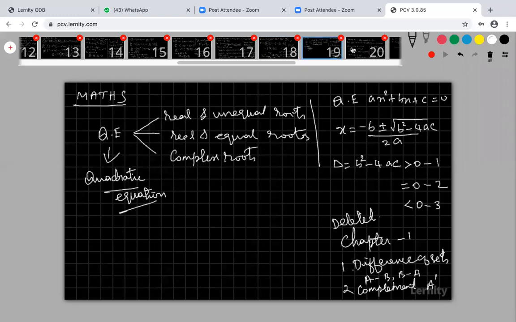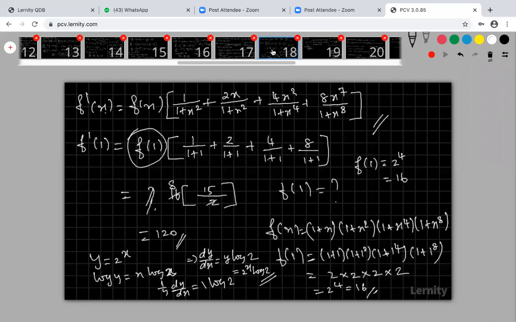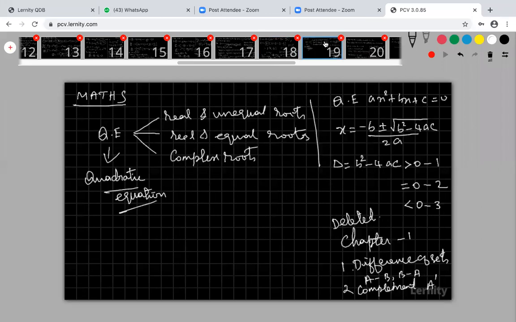These slides are plus 2 class slides, previous plus 2 class slides. This is your first slide. For your class, 19 is your first slide.